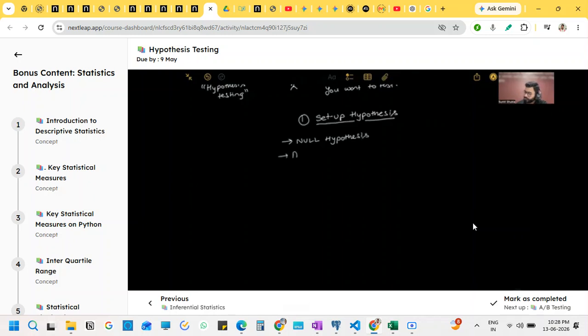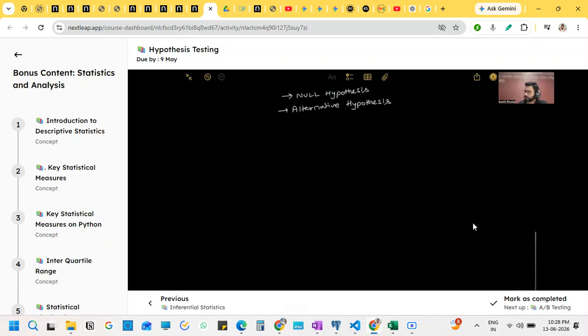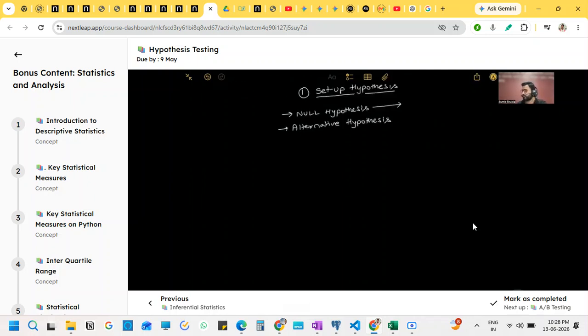The second one is the alternative hypothesis. Now, the null hypothesis is basically that assumption which is the default assumption. Basically, the particular statement which is a default truth, which is known by everyone, which is believed by everyone to be true. So, default true statement. Alternative is what we are trying to prove.